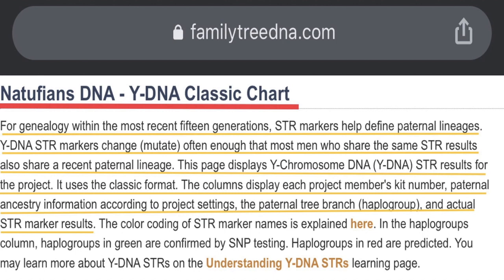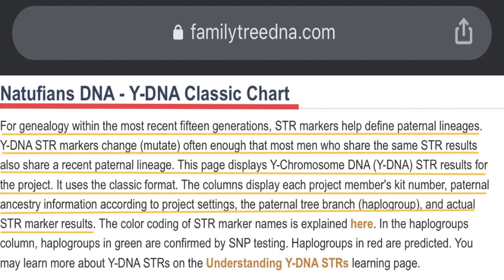This page displays Y chromosome haplogroup, Y-DNA STR results for the project. It uses the classic format. The columns display each project member's kit number, paternal ancestry, information according to project settings, the paternal tree branch haplogroup, and actual STR marker results.